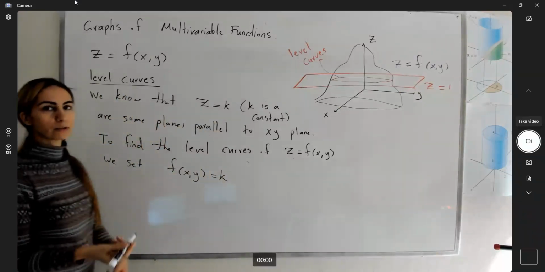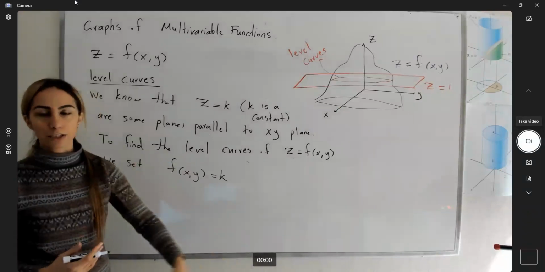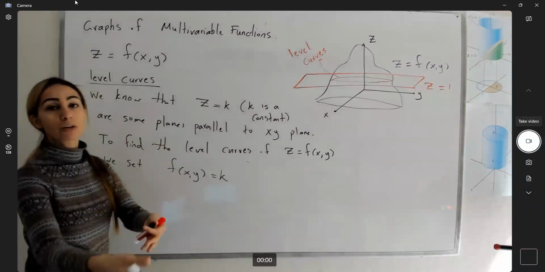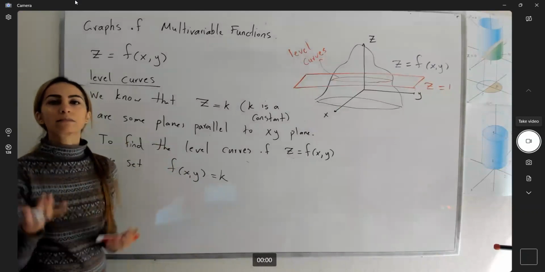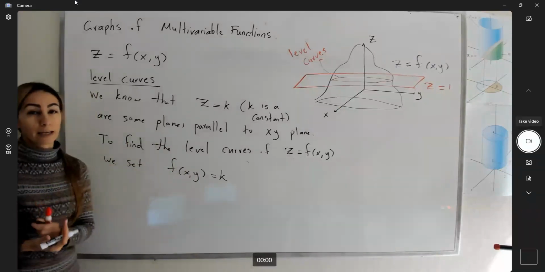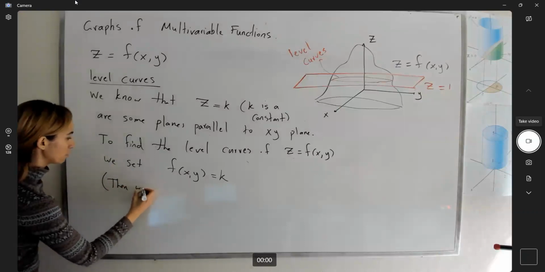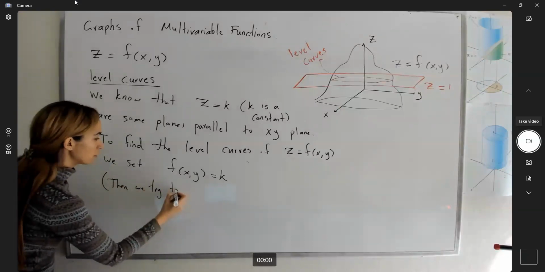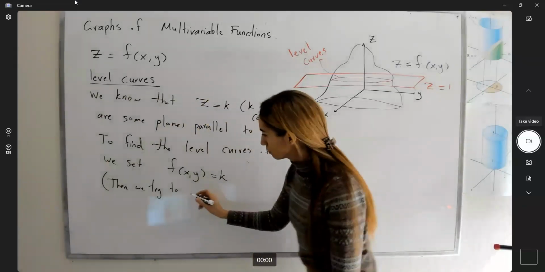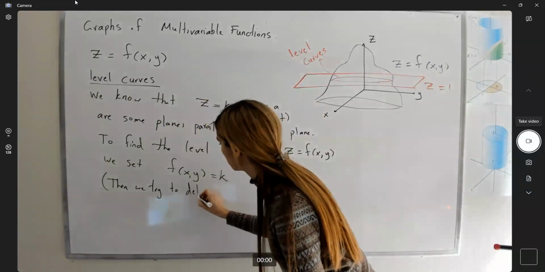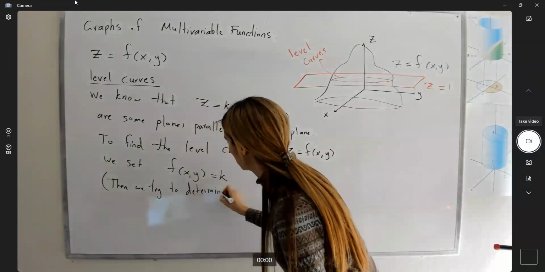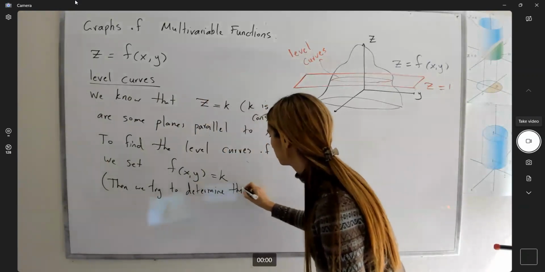Then we try to, for example, write y in terms of x, or x in terms of y, or write a relation using x and y. Then we try to determine this relation.